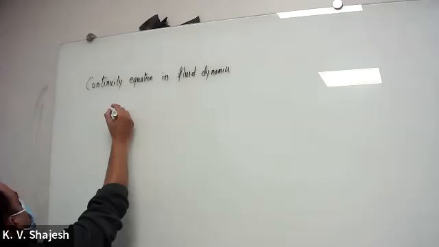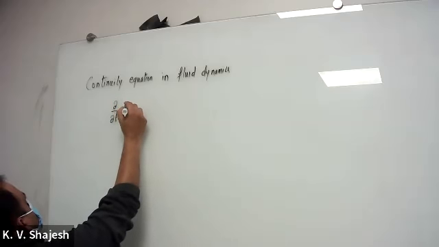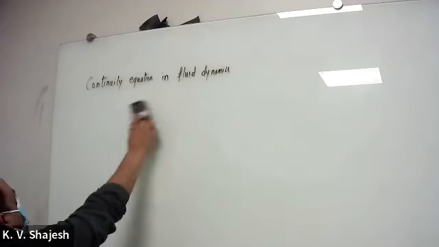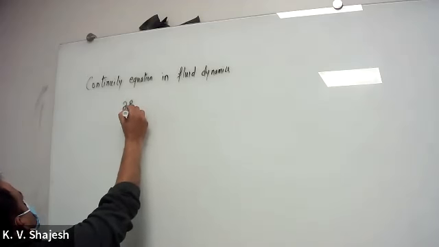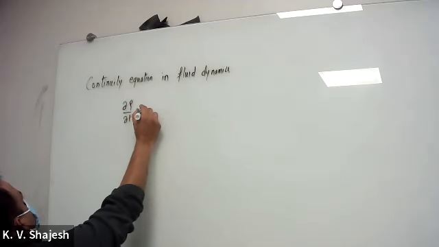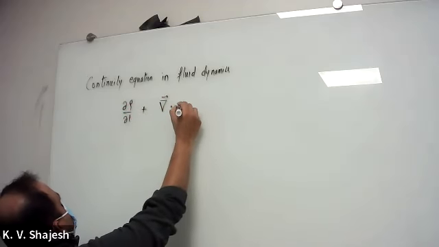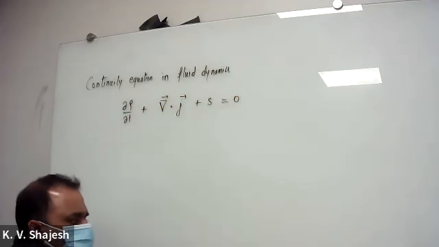Continuity equation in fluid dynamics is d by dt, exactly what we have there. Actually, let me not write it in that form, whatever we started from there. So it is d rho over dt plus del dot J plus s is equal to 0.